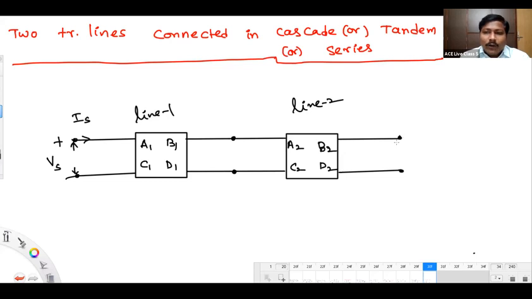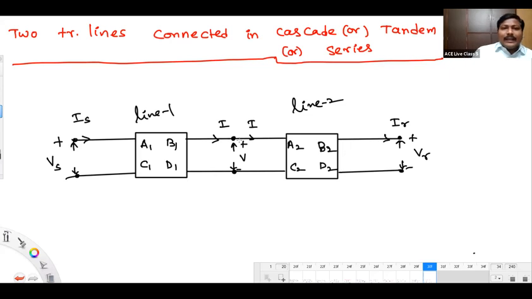Then at the line 2 output side, I am showing voltage and current like VR and IR. And at the junction of these two lines, the voltage and current will be VI.